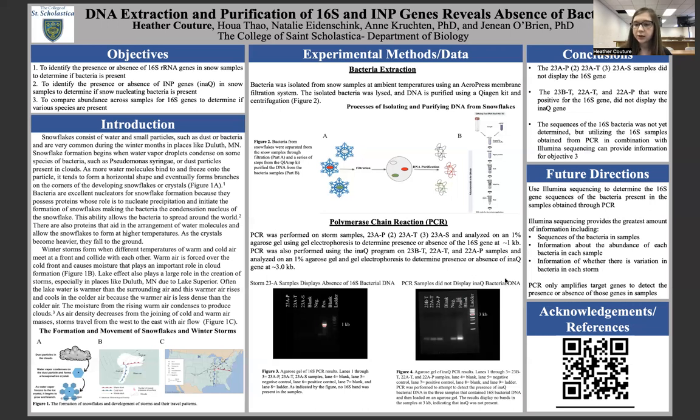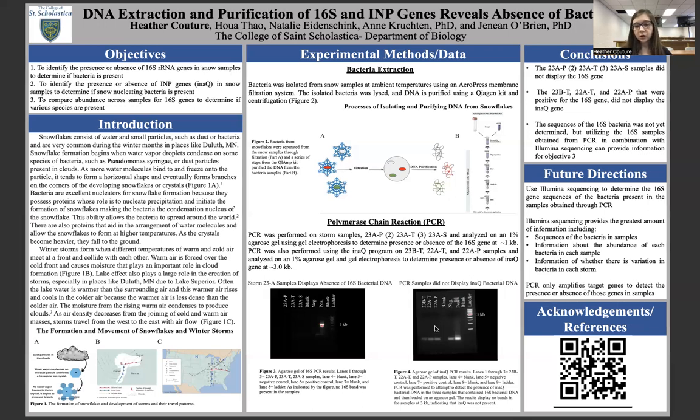So right here, I just stated that Illumina sequencing would give us the sequences of the bacteria, information about the abundance of each bacteria in the sample, and information on whether there is variation in the bacteria in each storm.